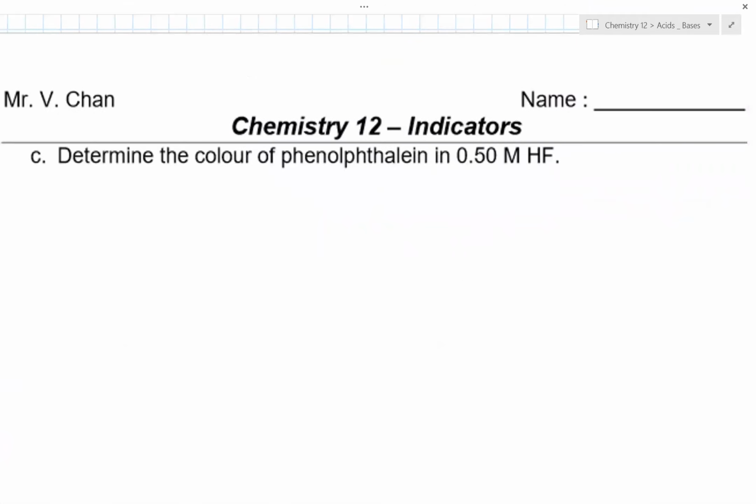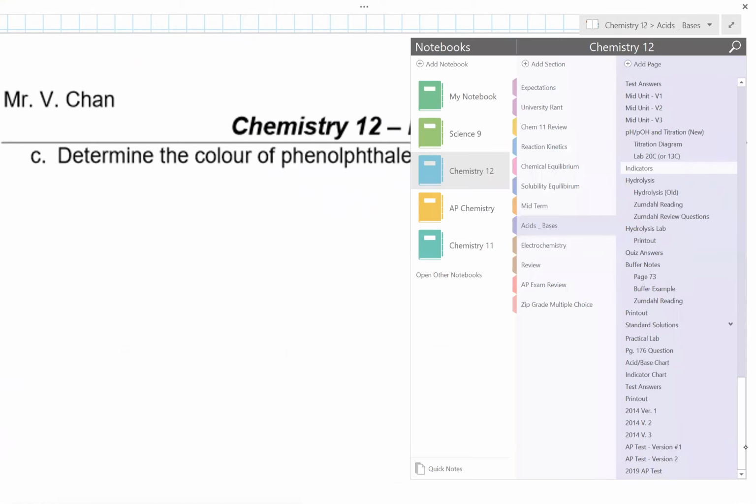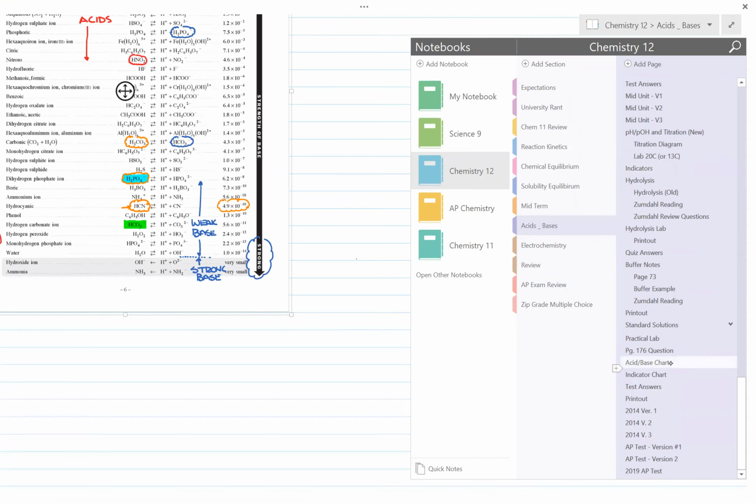It says, determine the color of phenolphthalein in 0.5 molarity HF. Now, the first thing we need to recognize is, is HF a strong acid, weak acid, strong base, or weak base? So again, we go back to our acid-base chart.